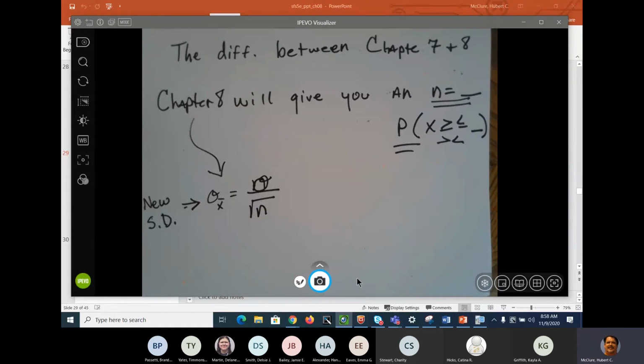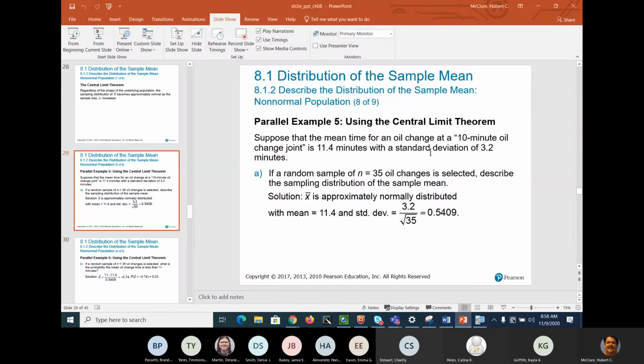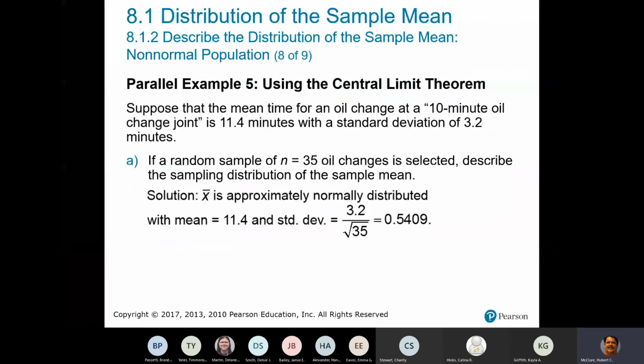So in this problem that we're just looking at on the PowerPoint slide, here's the problem they're giving us. They say a mean of 11.4 and a standard deviation of 3.2.